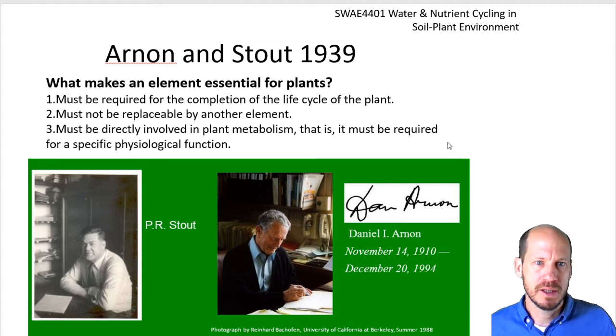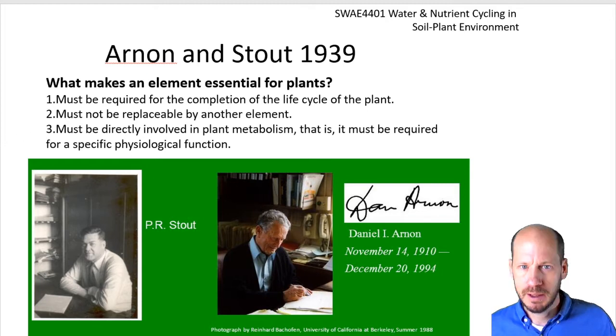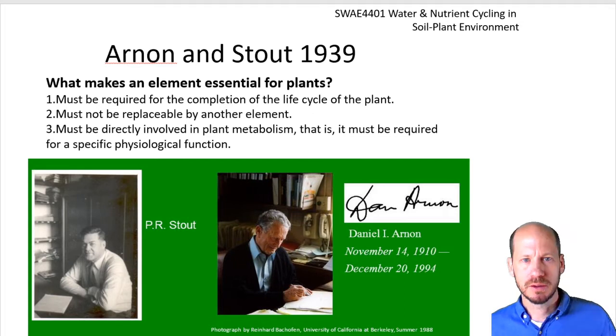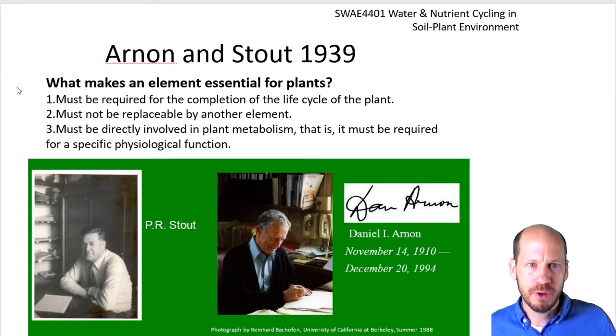And the third and final criteria is that this element, this nutrient, must be directly involved in the plant metabolism, or it must be required for the completion of a specific physiological function. So if it fulfills the three criteria, it's considered an essential nutrient, and if it does not fulfill, it's not considered an essential nutrient.